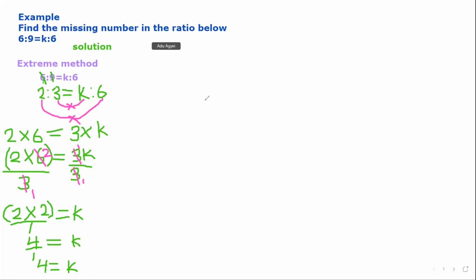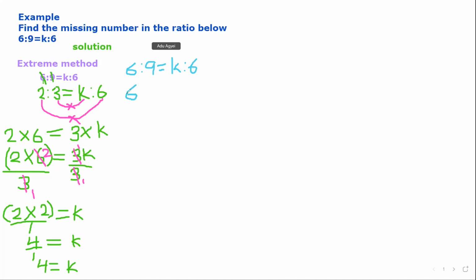So we said, the question was 6 to 9 equal to k to 6. Then this time we have found the k. So let's put the k, that 4, in place of the k, so that we will reduce the ratios and see whether the two ratios are the same.